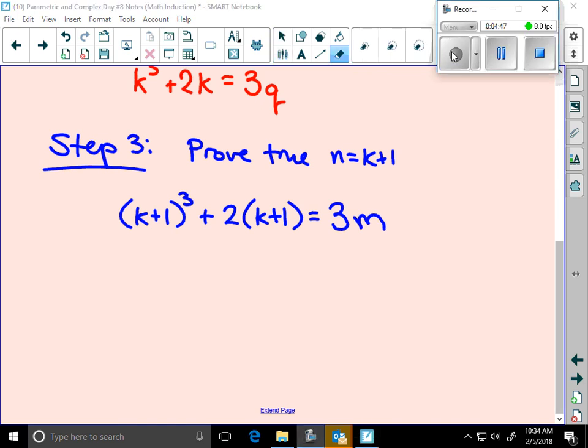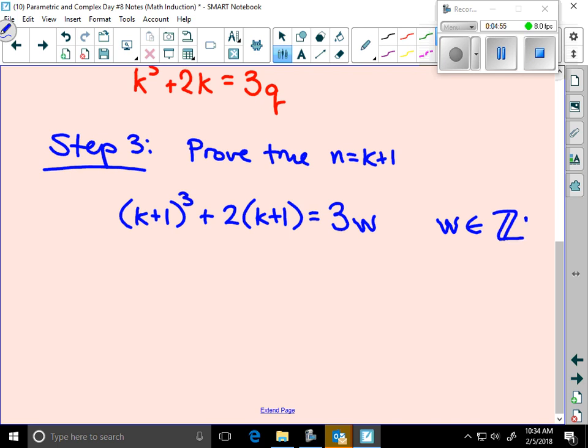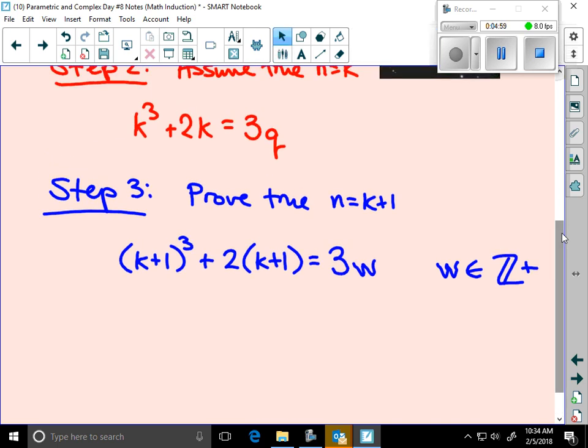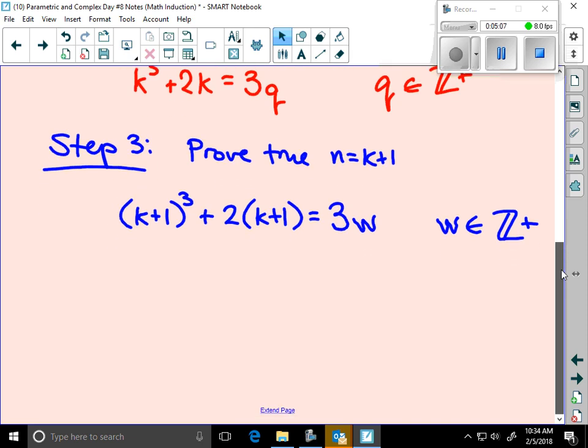We have to use W because we already used M, for some W in the positive integers. And to be honest with you, I failed you as a teacher. I should have written that up here where Q is in the positive integers as well. Sad children. Mostly talking about myself.